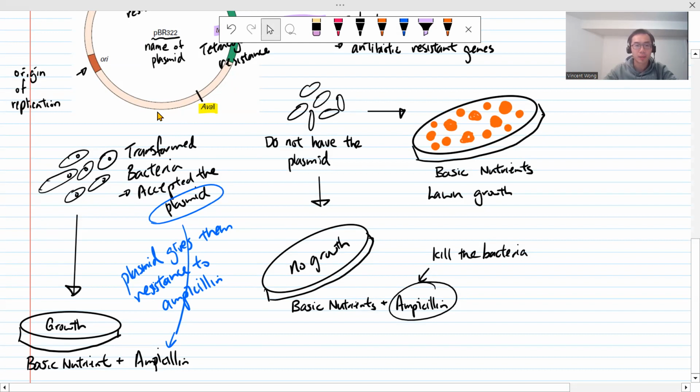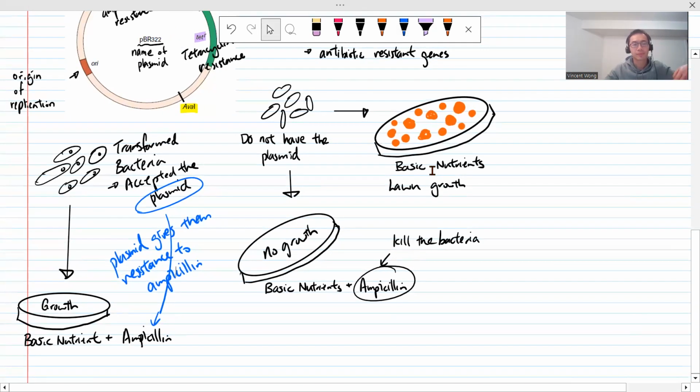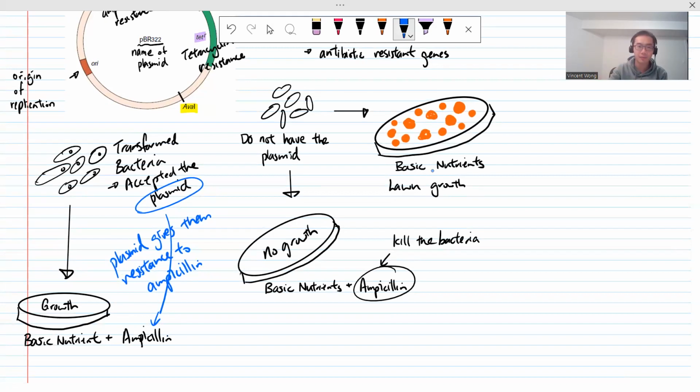That's basically what's going on. So that's how they will behave differently if they don't have the plasmid or if they have the plasmid. So this is growth. You will see growth. No growth here.